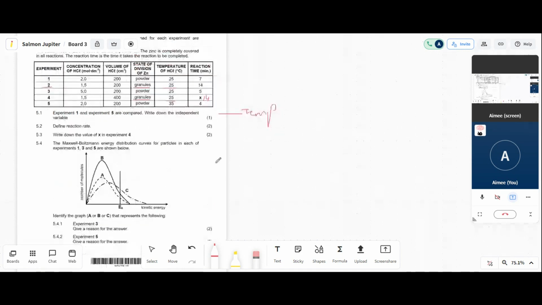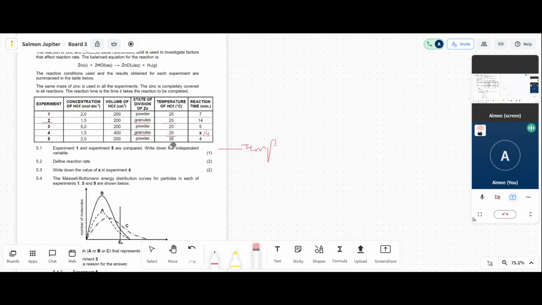Okay, so let's compare them quickly. So these are the ones we're focusing on: 1, 3, and 5.